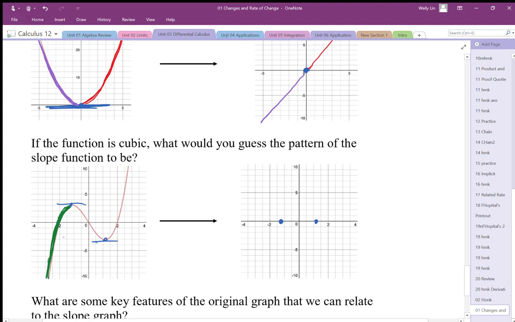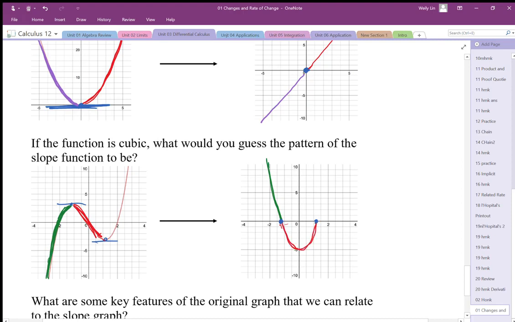I remember that the cubic changes are quadratic. So I'm going to give this a quadratic shape of a parabola there. In between, it's negative. It's going to go from 0, really negative, and then start becoming less negative here. So it's going to go down and back up.